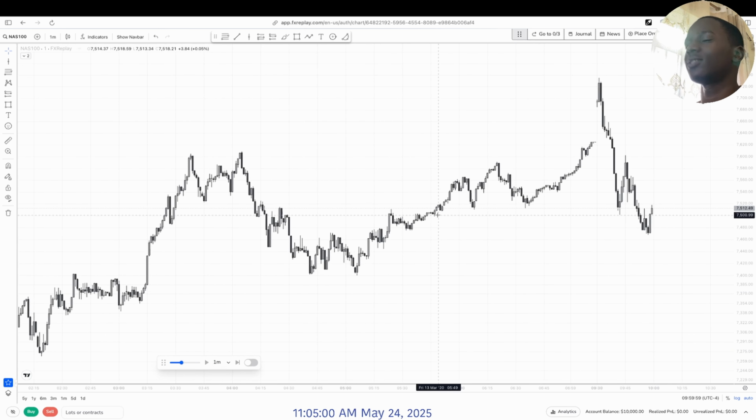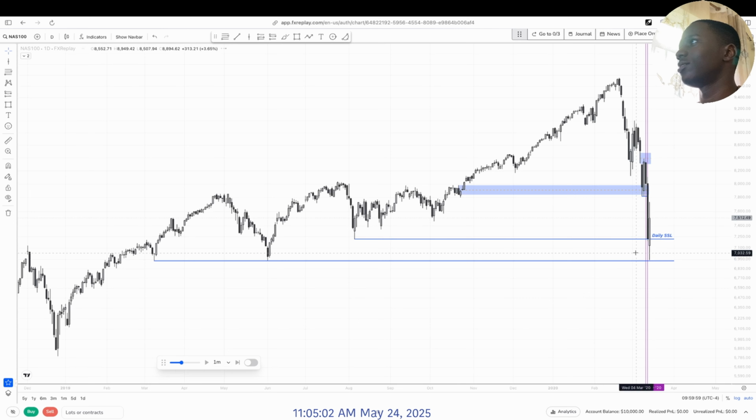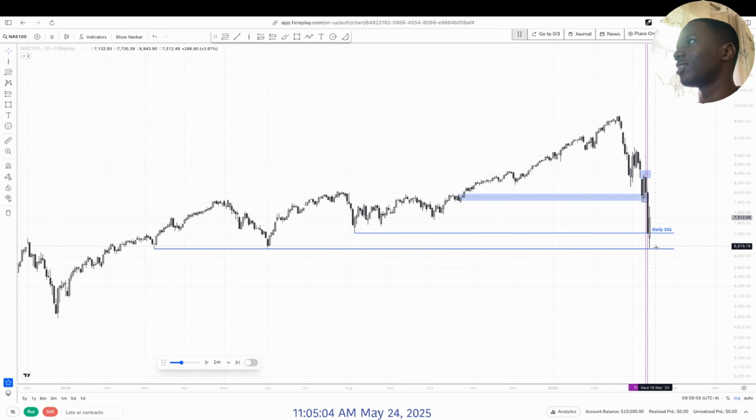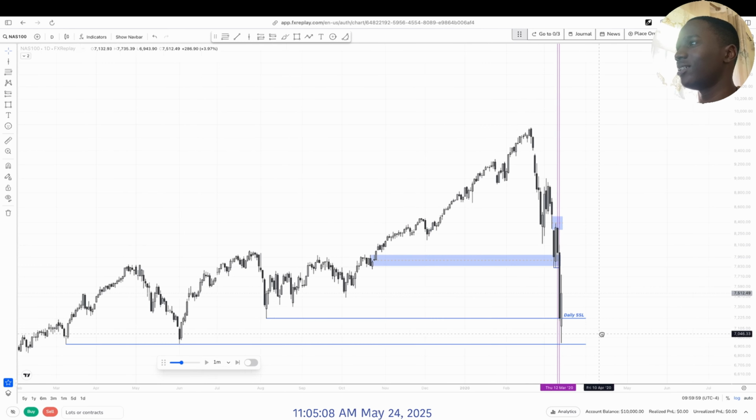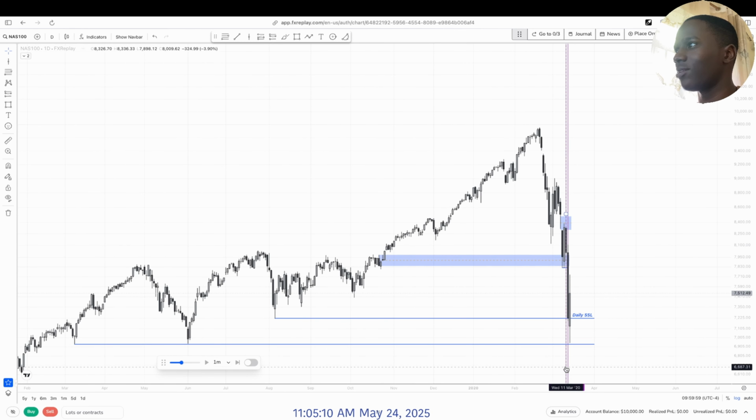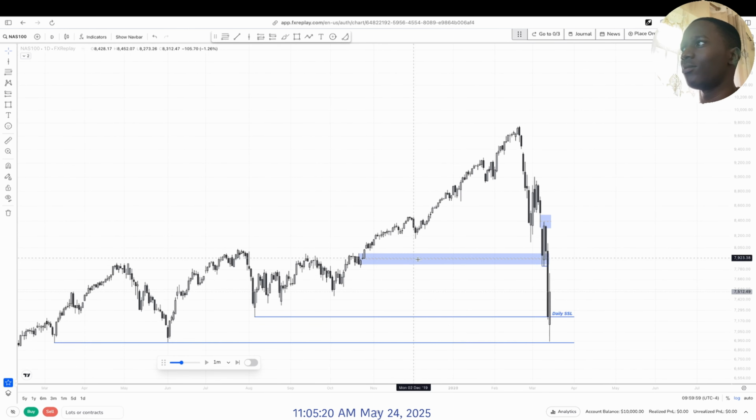So now we can see that on the daily, we are trying to push higher after taking out this level of liquidity, the one that we had marked earlier. Since I'm backtesting the silver bullet, I don't think I'll be taking entries where I'll be targeting that level. Now I'll go to the 1 minute where I can maybe anticipate to push higher and fill this gap on the daily.